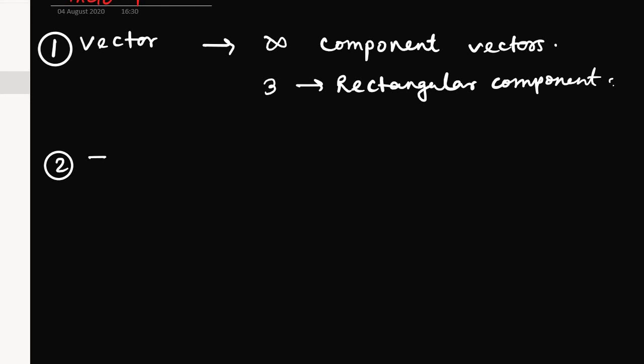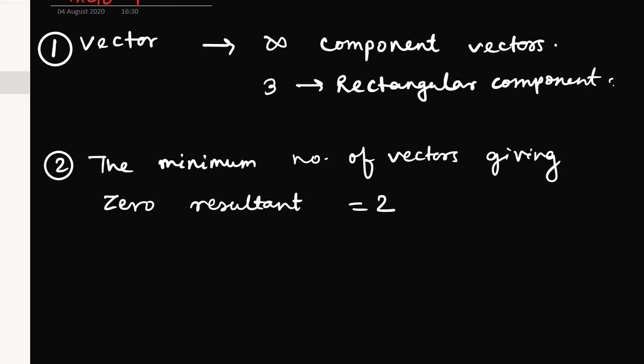The minimum number of vectors giving zero resultant is always 2. I am talking about the minimum here, so you must understand it. The maximum I will not tell you, it is as I told you in 3D.